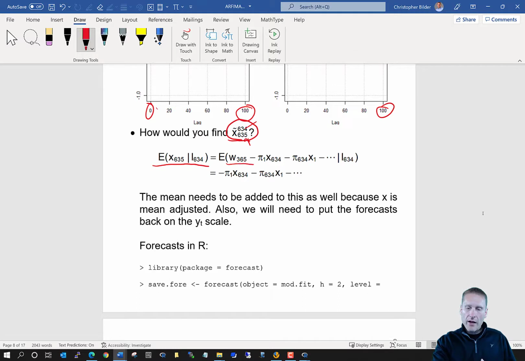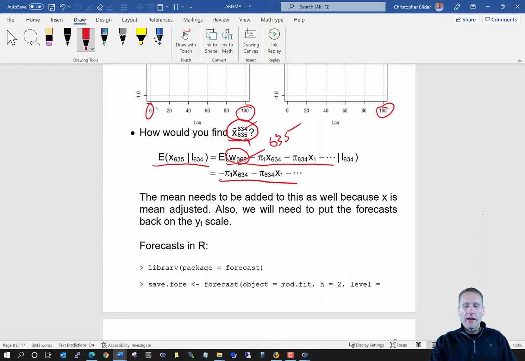I can write my model out in terms of this w with the x's and the pi linear combination. This w sub 365, that shouldn't be 365, that should be 635. Sorry about that. That expected value given my past up to 634 is 0, and so I'm left with this linear combination of the pi's with the x's.